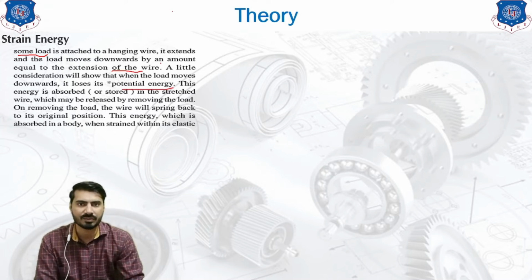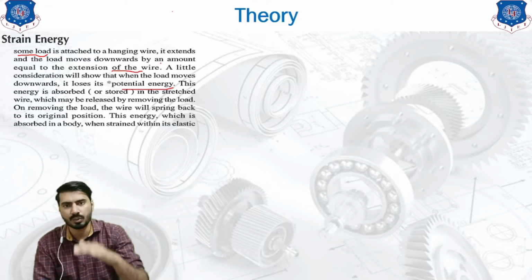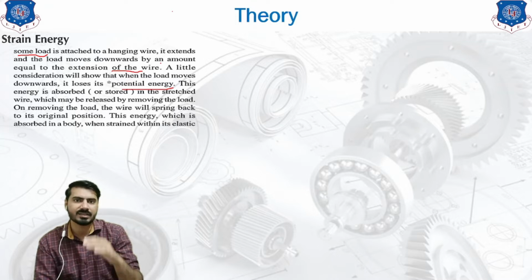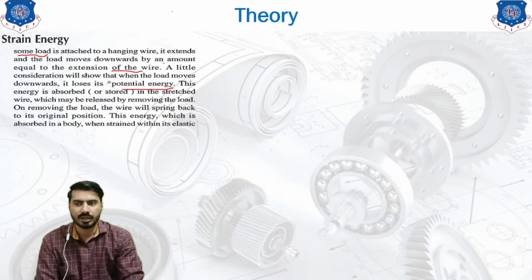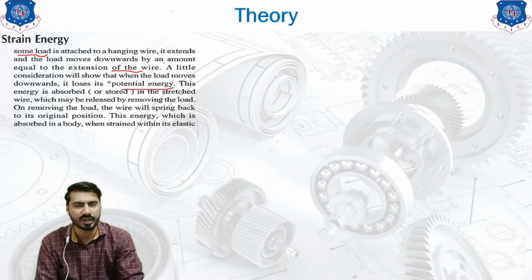What conversion are we talking about? The load is going downward, and as it goes downward, it loses its potential energy, which is absorbed by the connected wire. So this energy may be released by removing the load. Whenever you remove the load, this energy can be released.